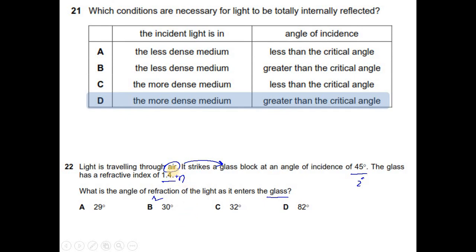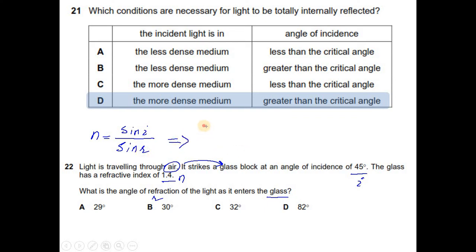Refraction from rare medium to dense medium, or less dense to more dense, or low refractive index to high refractive index. You have a relation, n is equal to sine i divided by sine r. So you can rearrange this equation for r.